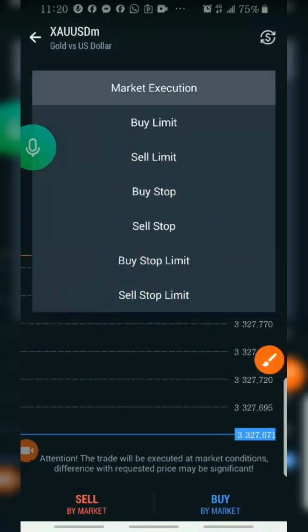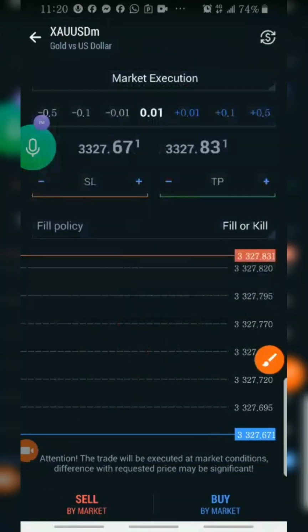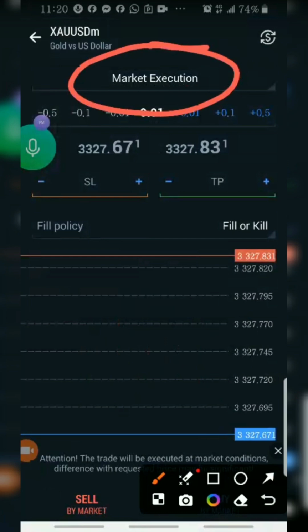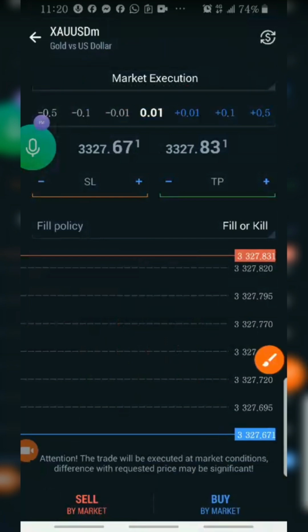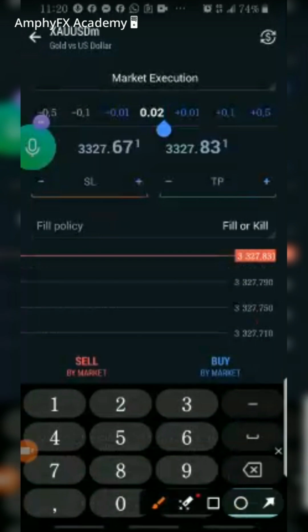Market execution: if I execute the market from here, it means I will open at the current price that BTC is at. If I click on this market execution, you see I'm currently on the market execution, right?